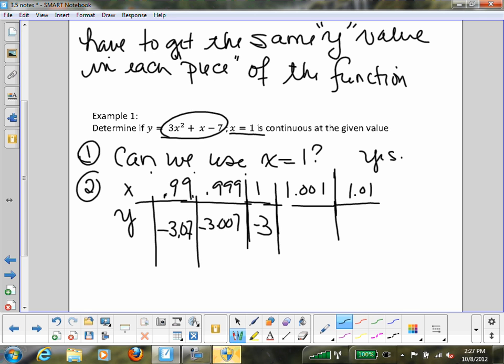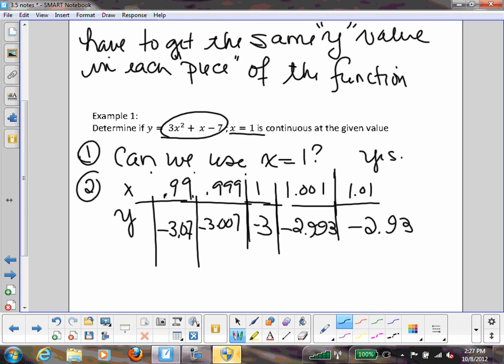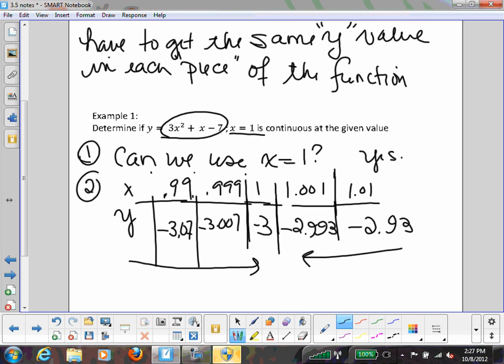What do you get there? I think this one's -2.93. So can you see that we approach -3 from both ways? We're coming towards -3, either decreasing or increasing.